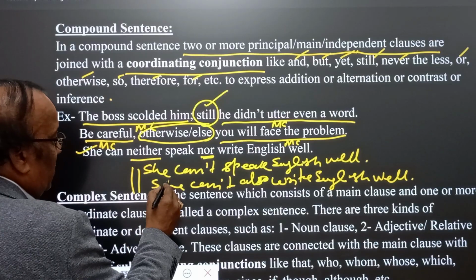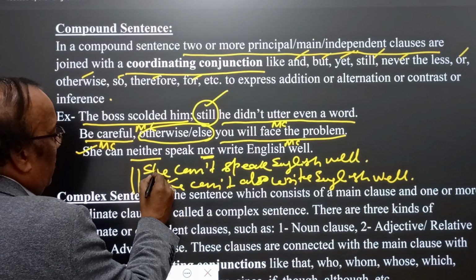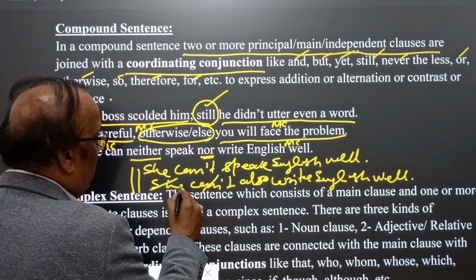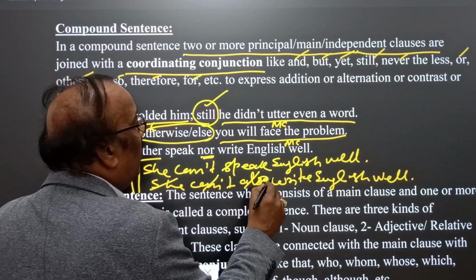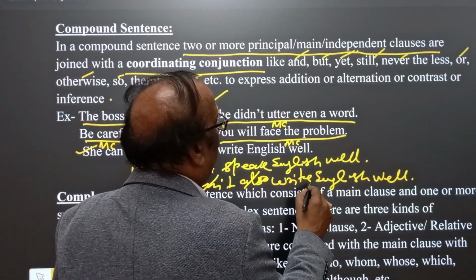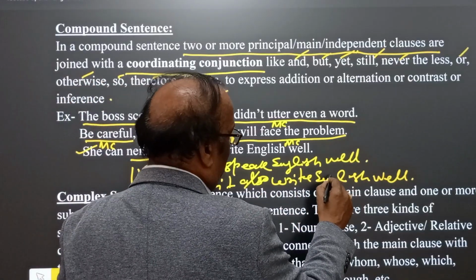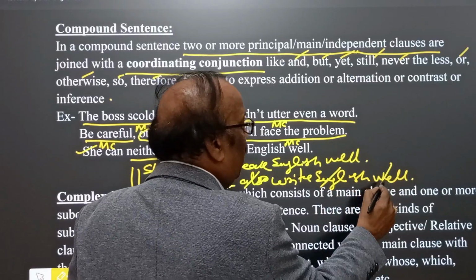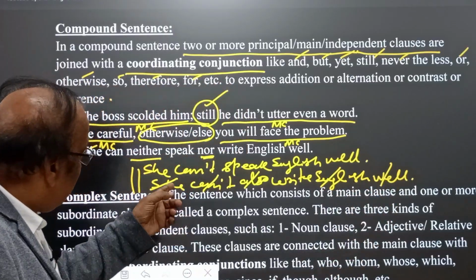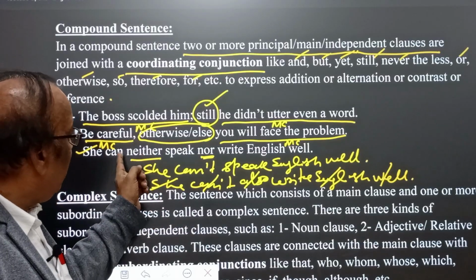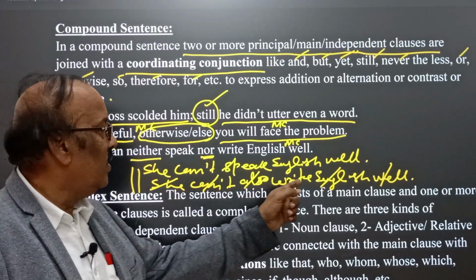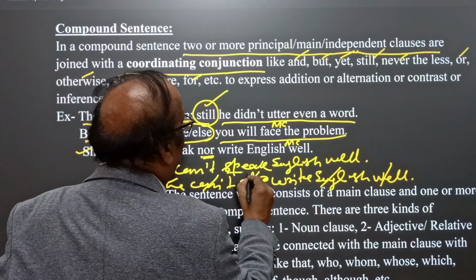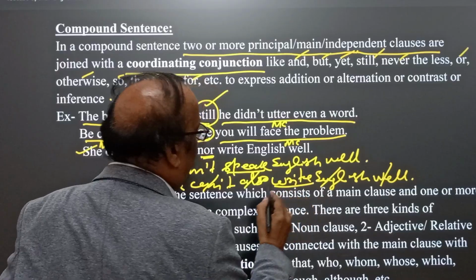Here the unnecessary words should be removed, because repetition should not be there: can't, also, English, and well. It means in this sentence we don't find the repetition of all these words. The difference is only speak and write.